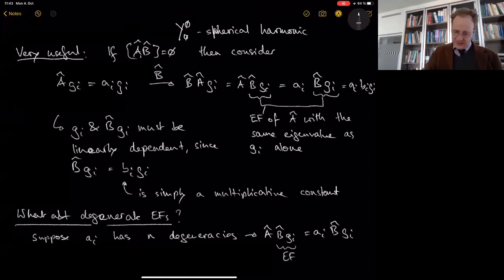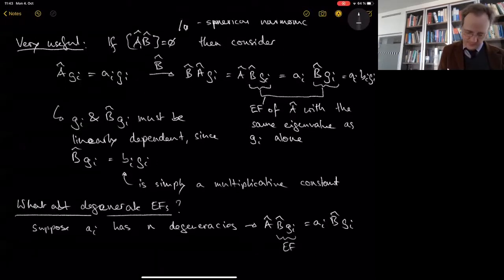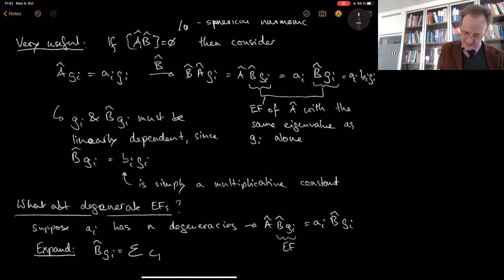And now we can do this expansion in this set. So you say BG expansion in, and now I call this K, in these n degenerate eigenfunctions.